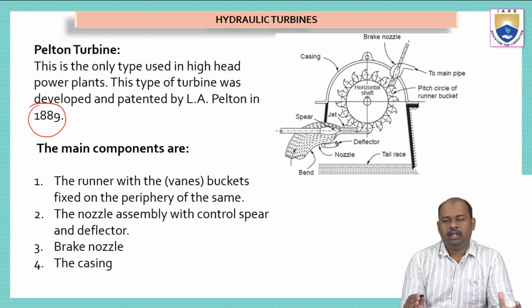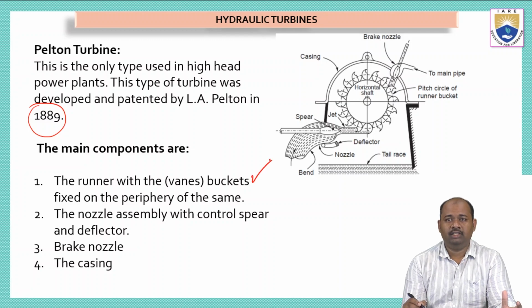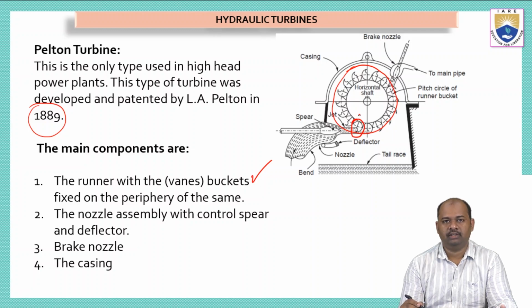Now, let us see the main components of this turbine. The main components are like the runner. The runner is the key part which will rotate when water falls on it. We have already seen how the turbine works. This is the runner part, where water touches the turbine vanes or buckets. These small things are called vanes or buckets.